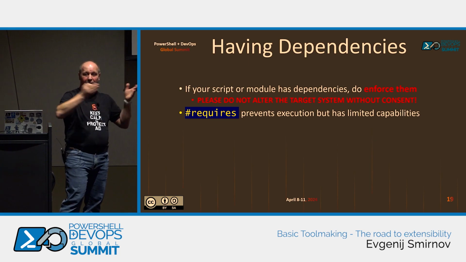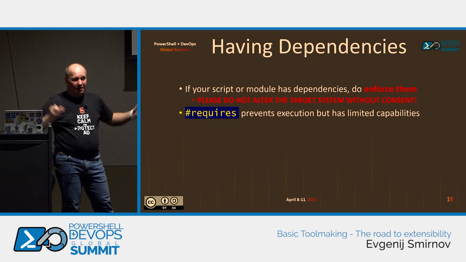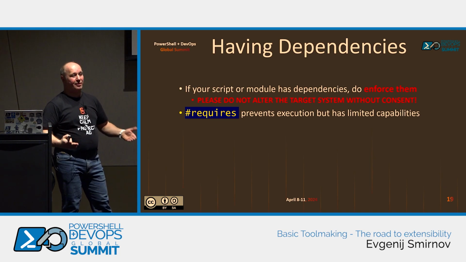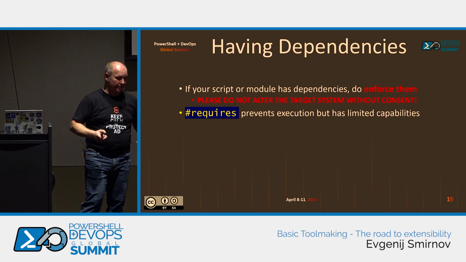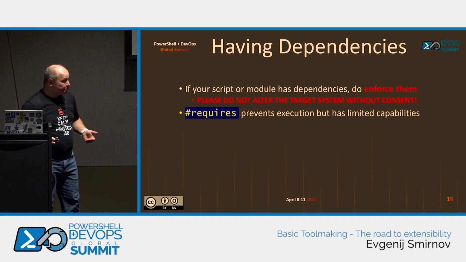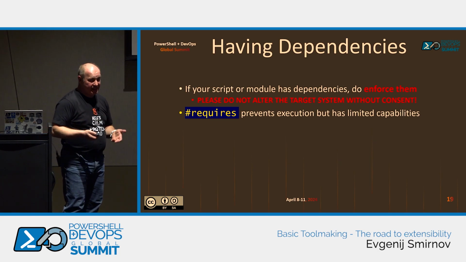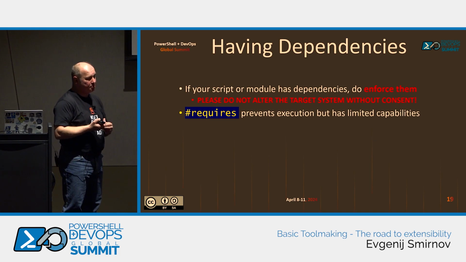So if you put requires run as administrator at the beginning of the script, you're forcing everyone to run this thing as administrator. As a security consultant of 20 years, I can't support that behavior. Same thing about PowerShell versions and so on.